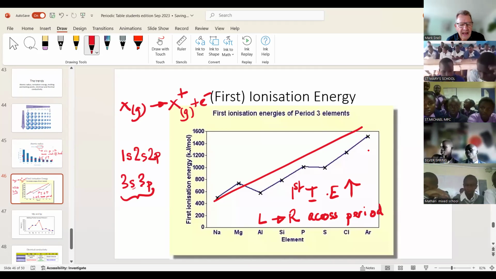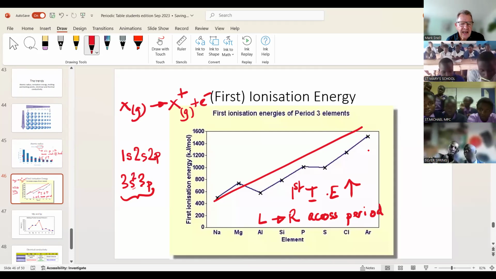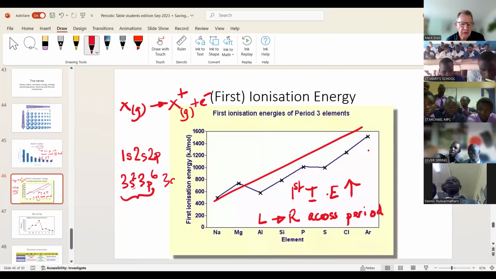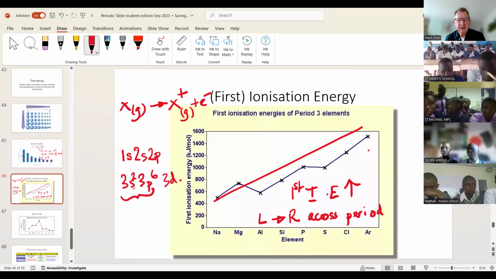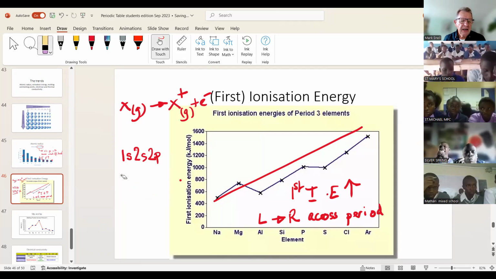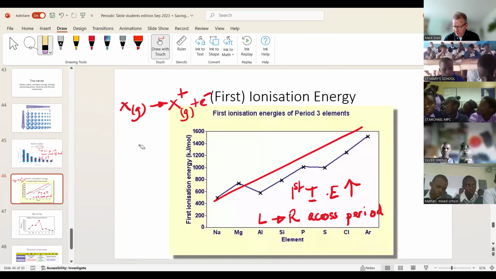And it consists of s orbitals and p orbitals, and they make up the third shell. There are 2 in the s and 6 in the p, and then there are some 3d as well. They're not important as far as you are concerned, but for those of you who want to be chemists, this will be important eventually. Okay, so ionization energy increases left to right because the atoms are getting smaller and the nucleus is becoming more effective.